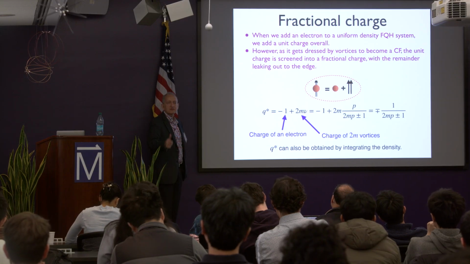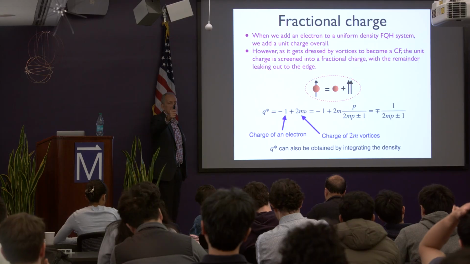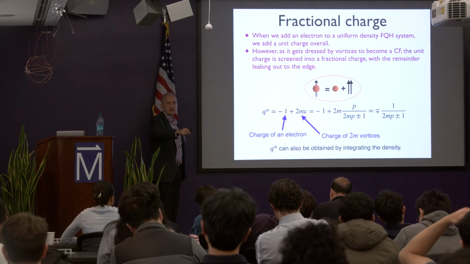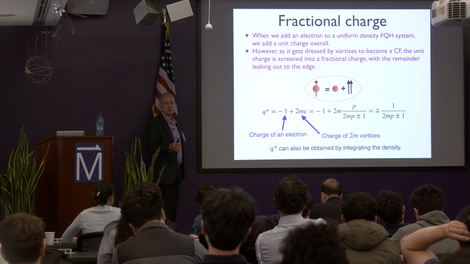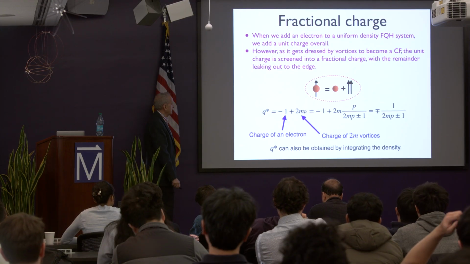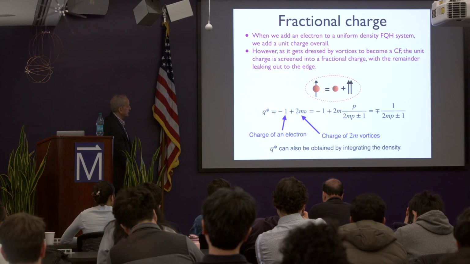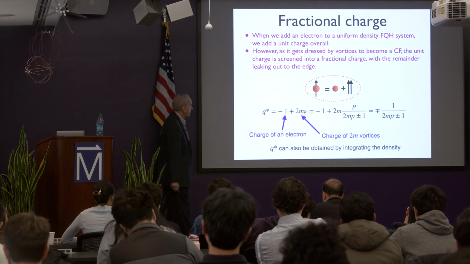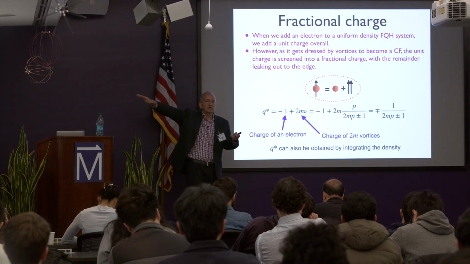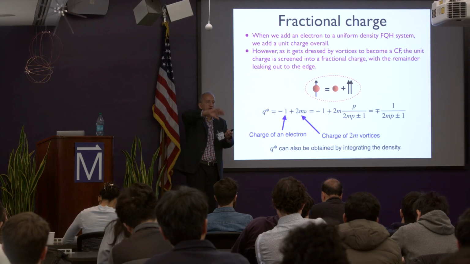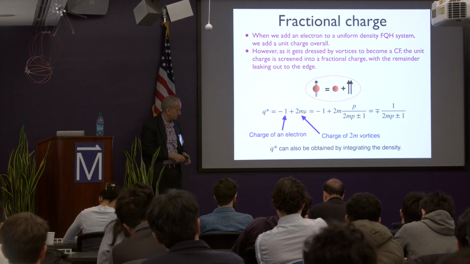It is equal to the charge of the electron, which is negative, plus the charge of the vortices, which relative to the background fractional Hall state is a positive number, and the 2 together give you this. Of course, there is no mystery here. I showed you charge density profiles, so I can just take those and integrate the charge, and I'll get this.